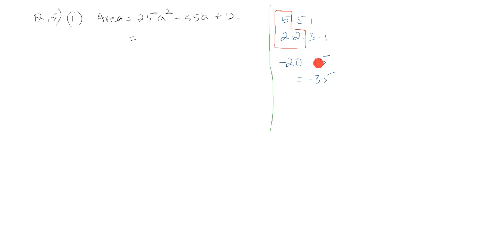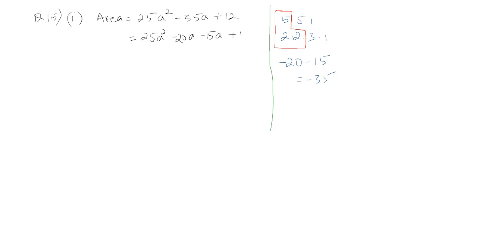Okay. So the split is 25a square as it is, so I'll write minus 20a minus 15a plus 12.